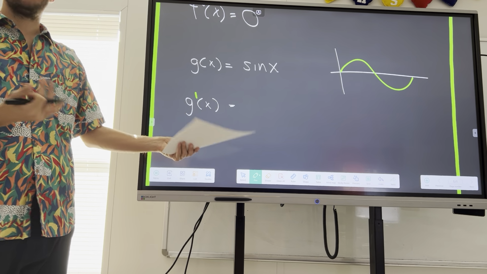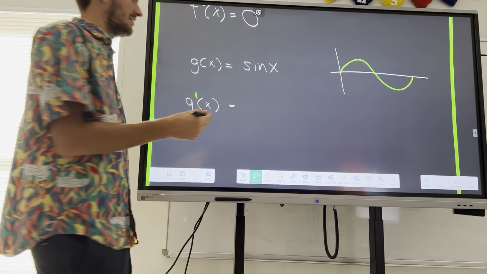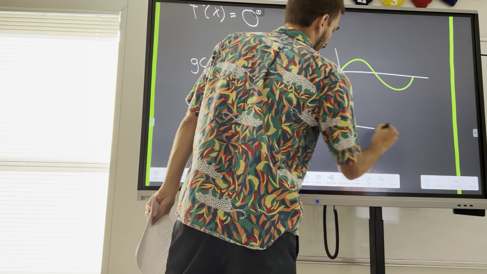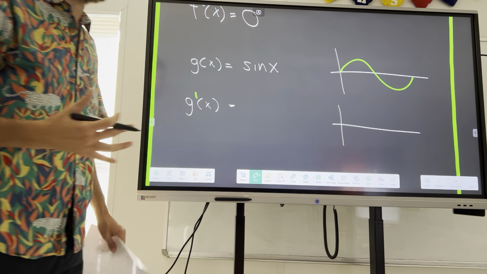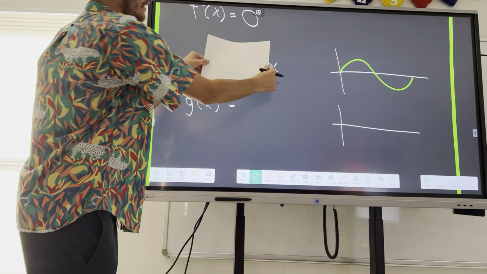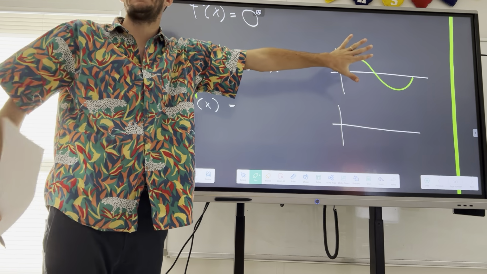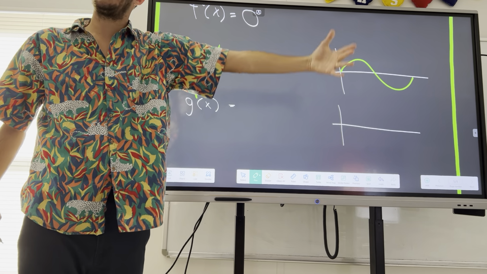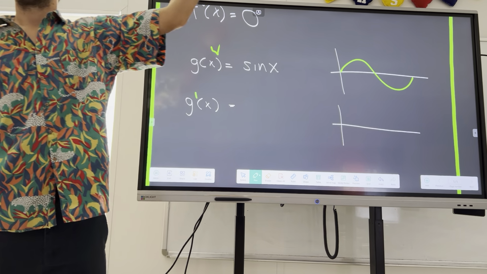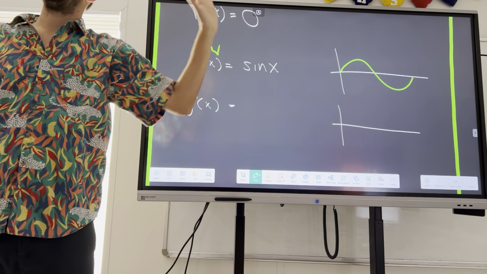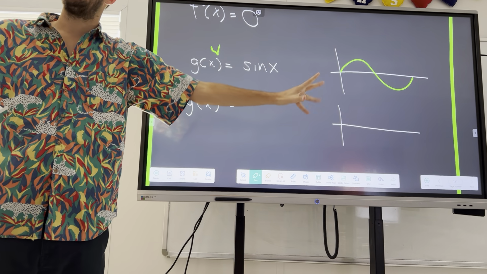And the derivatives have graphs too. Sometimes you'll be shown graphs or asked to make graphs. Maybe all you get is a curve, and you need to look at that curve and identify the slope here and the slope there, and you can build the derivative from that.